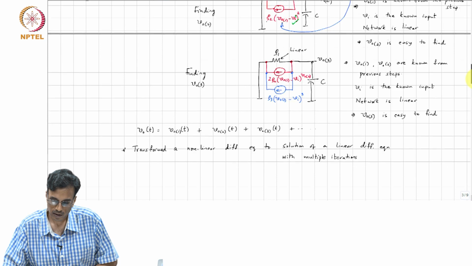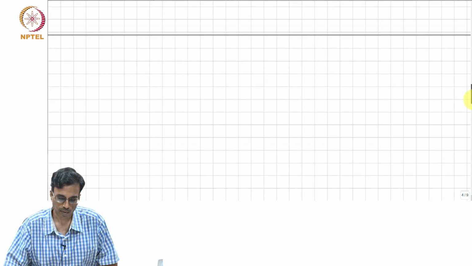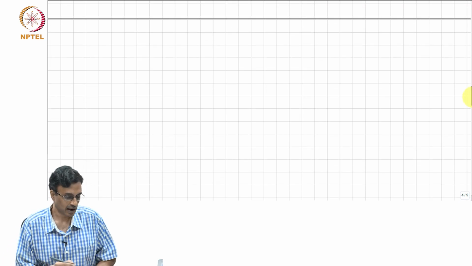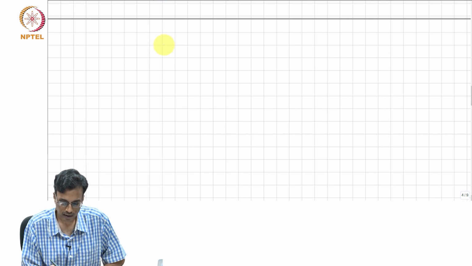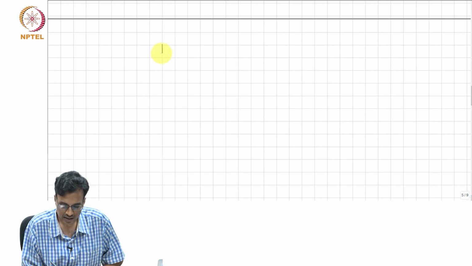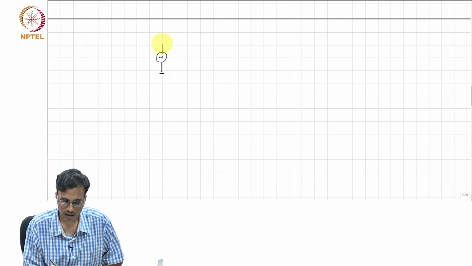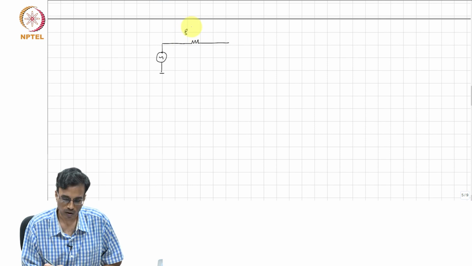All right, so we will do a couple of examples perhaps in the next class, but one thing I would like to point out is, let us do a simple example where the resistance had only odd order nonlinearity.